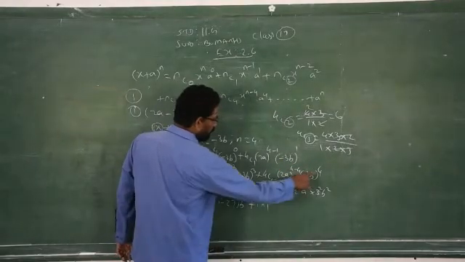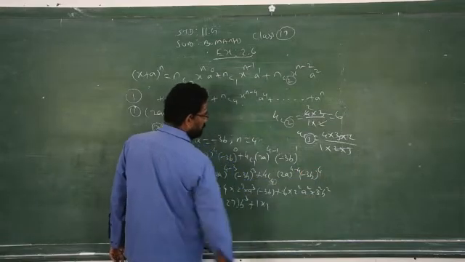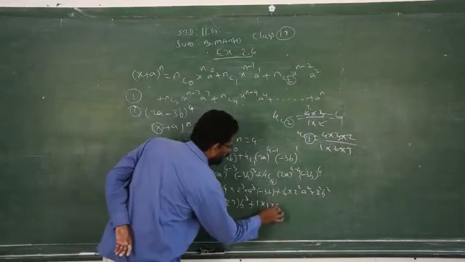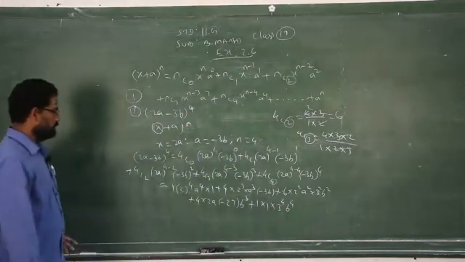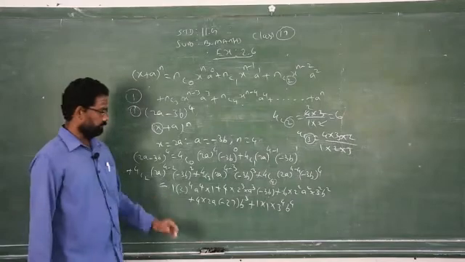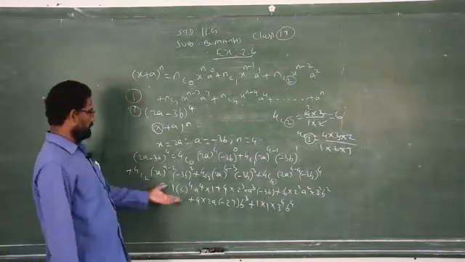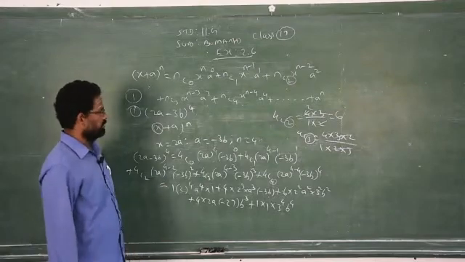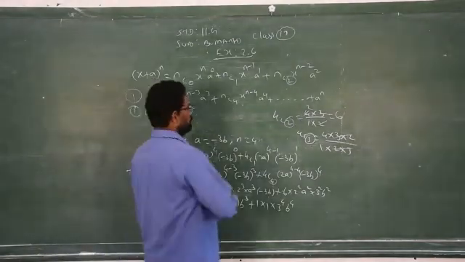Here the minus has an even power, therefore minus becomes plus. So finally we get 3 power 4, b power 4. I just simplified; then you have to simplify further. Don't leave it as it is. This is not your answer. Clear?